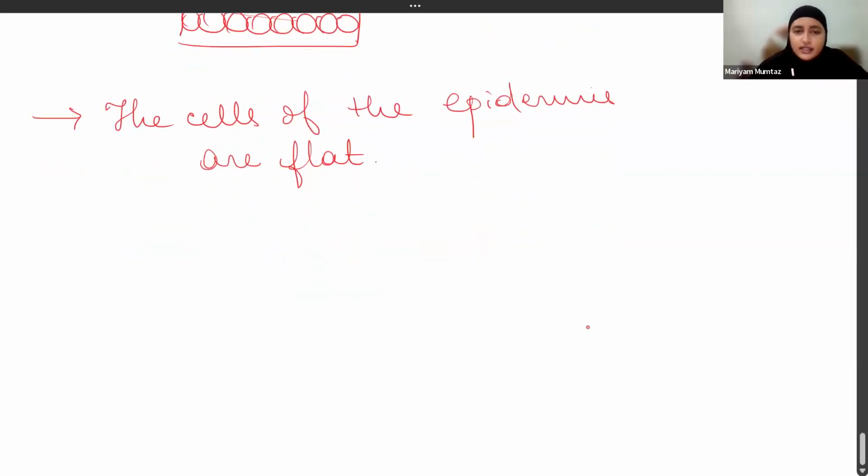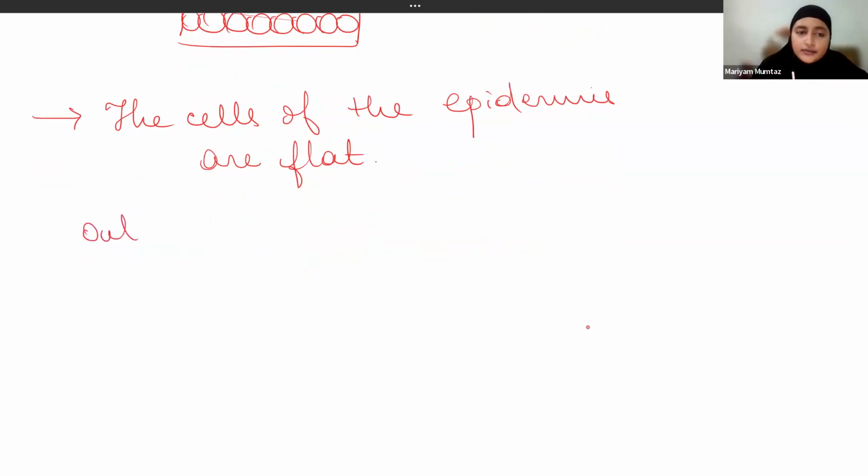Now see, even though they are flat, what happens is that even after being flat, the outer portion as well as the side portion are thicker, whereas the inner wall is thinner. Okay.